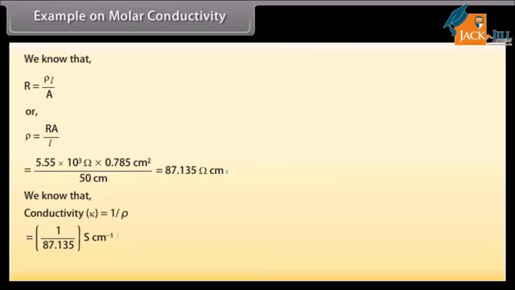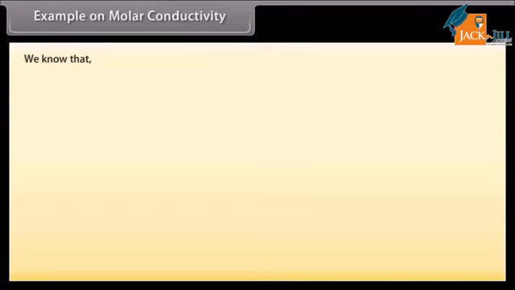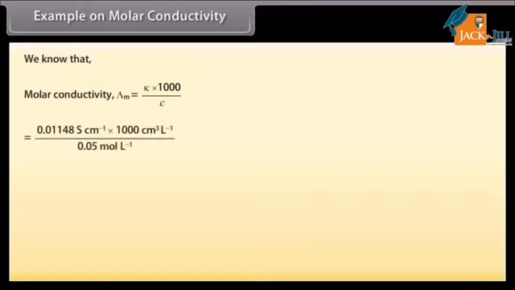By putting the values, we get conductivity equal to 0.01148 Siemens centimeter inverse. We know that molar conductivity is equal to kappa multiplied by 1000 divided by C. By putting the values, we get molar conductivity equal to 229.6 Siemens centimeter square mole inverse.